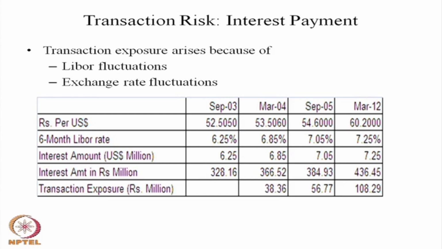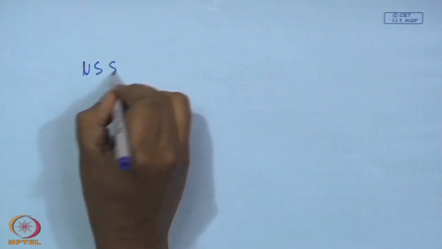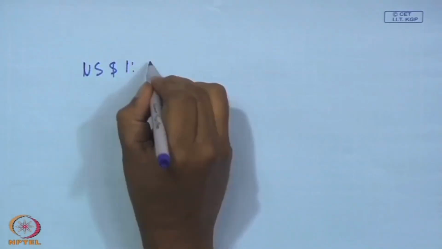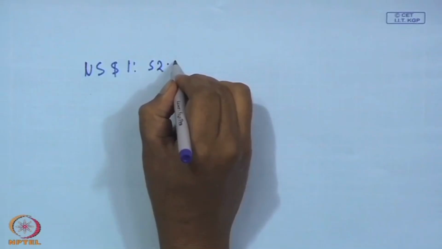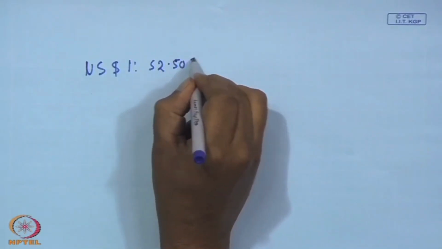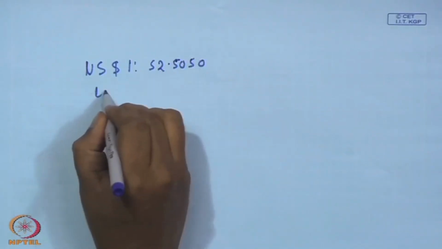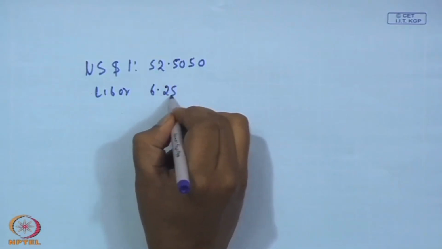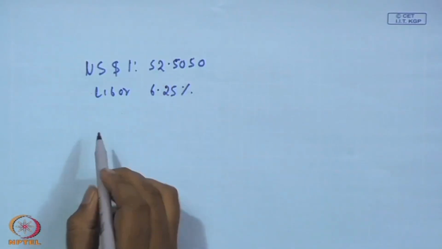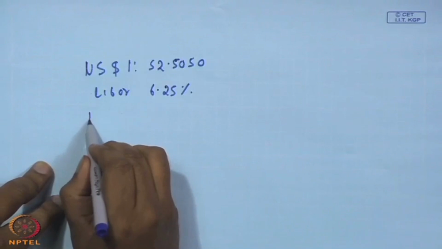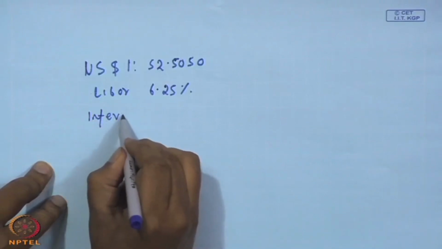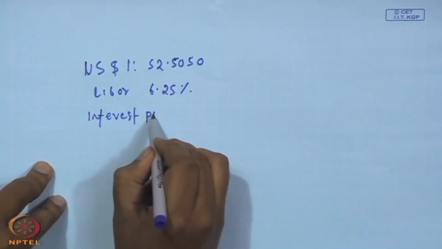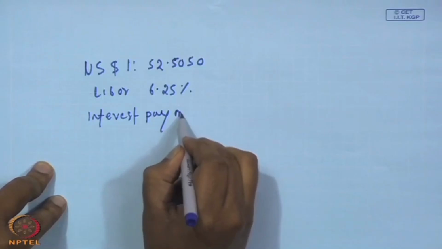So here the calculation is like that. Suppose in September the dollar rate remains constant, $1 is 52.5050, LIBOR interest rate is 6.25 percentage, and the interest payment will be on a 6 month basis.